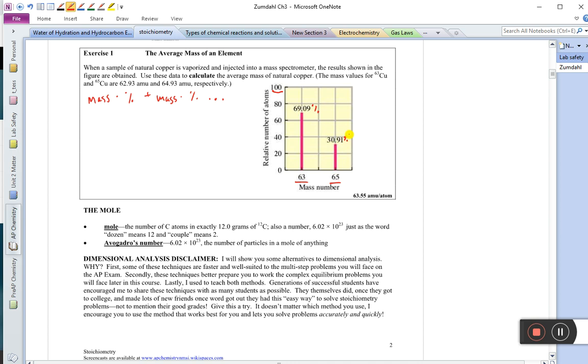We're going to change them to decimals because that way our math will work out. So the mass of our first isotope is 63 times our percent abundance as a decimal, which is 0.6909, plus the mass of our second, 65 times our percent abundance as a decimal, which is going to be 0.3091.